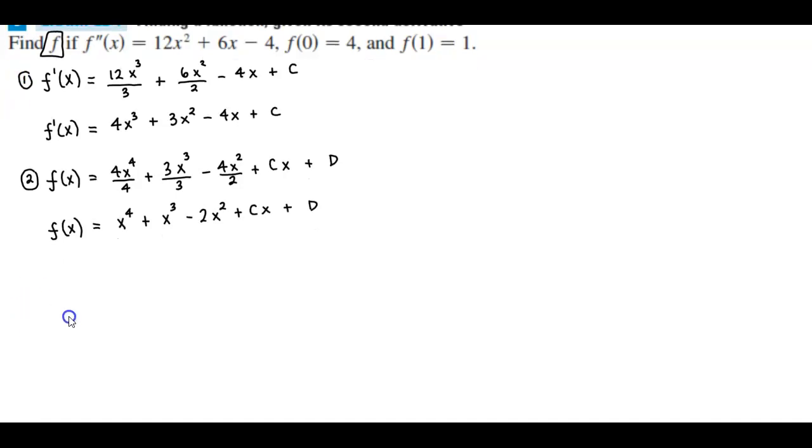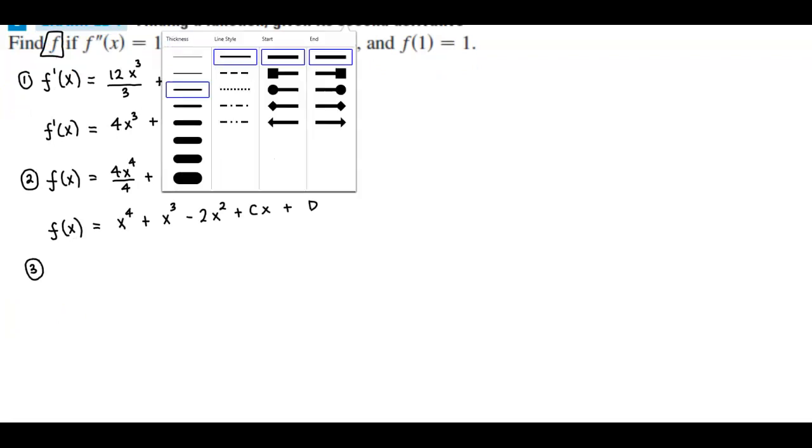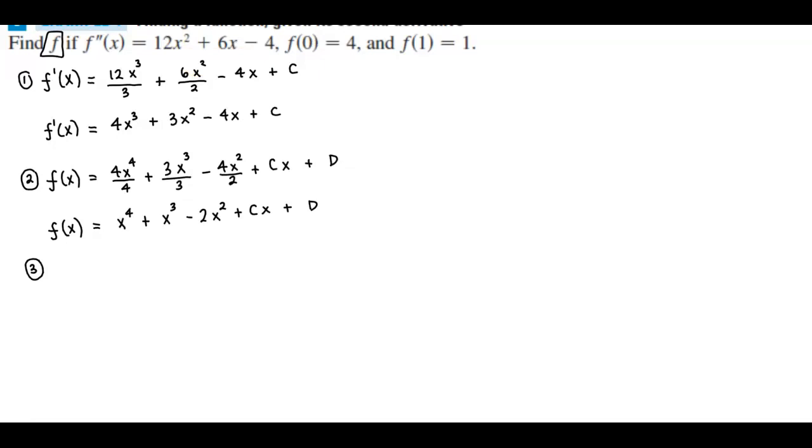Okay, so now we're going to look at the first given information, where we know f of 0 is equal to 4. So when we know that f of 0 is equal to 4, we know that f of x is going to equal 4, and the value of x is going to be 0.